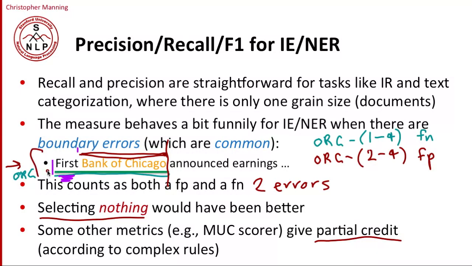So for example, the Muck score that was used in some of the prominent early evaluations of named entity recognition, it had an algorithm that gave partial credit for cases like this. But once you do that, then there are these complicated questions of how much partial credit to give in which cases, and it's not exactly clear, and you have various arbitrary parameters.